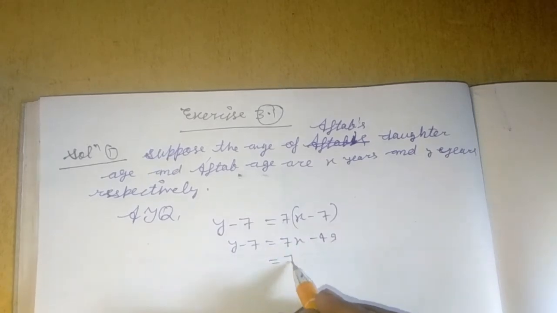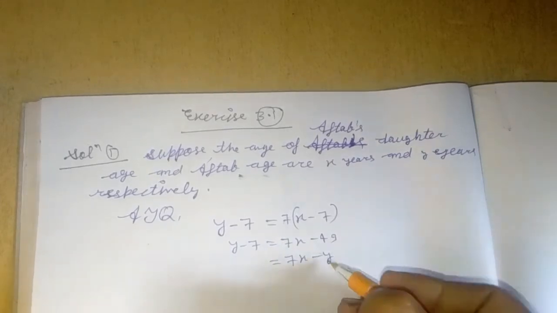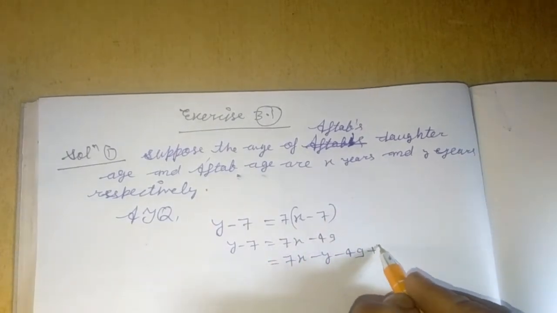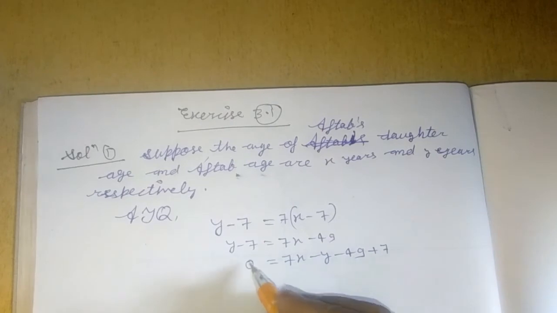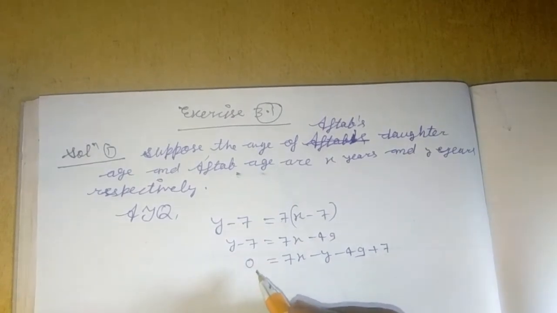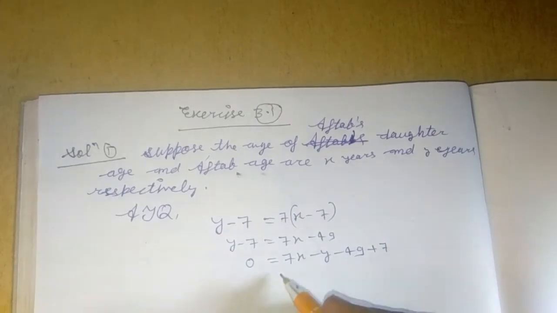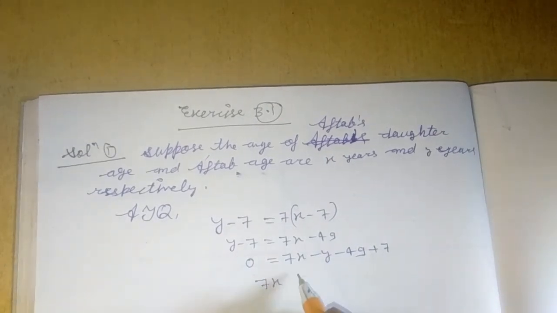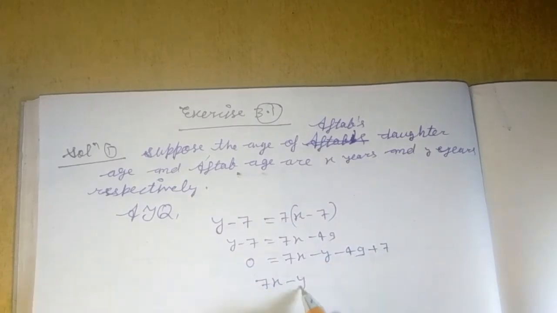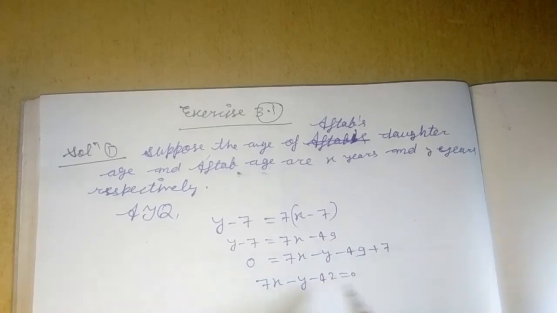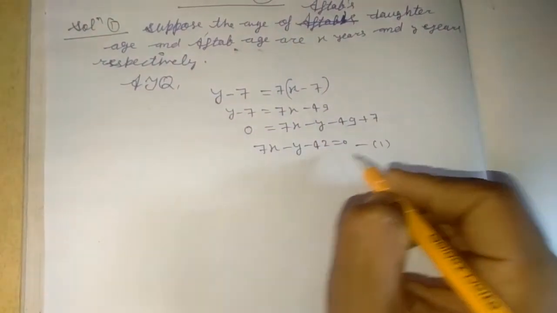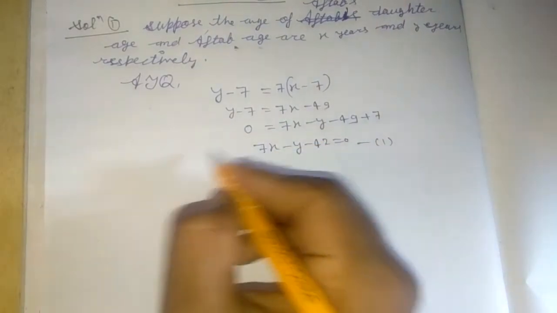Transfer y to that side: 7x minus y minus 49, transfer minus 7 to that side, it will be plus 7, equals 0. Minus 49 plus 7 will be minus 42, so 7x minus y minus 42 equals 0. This is our first equation in linear form.